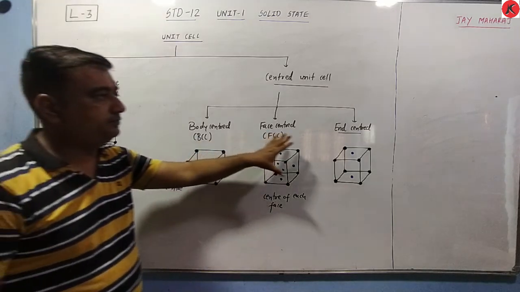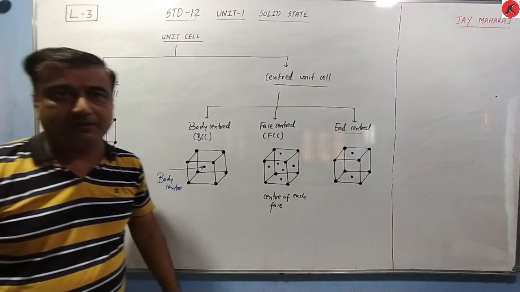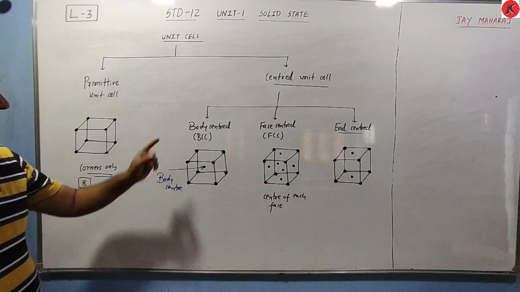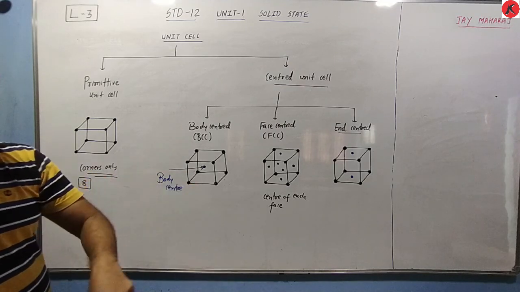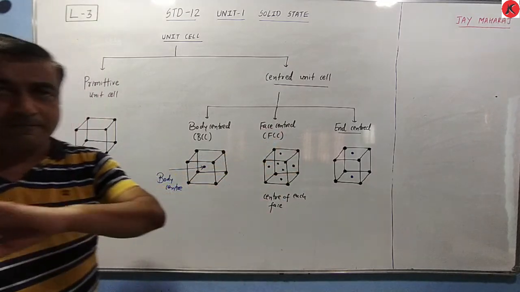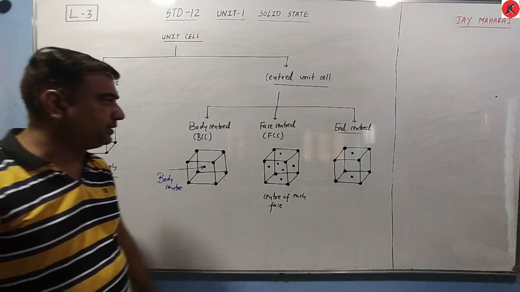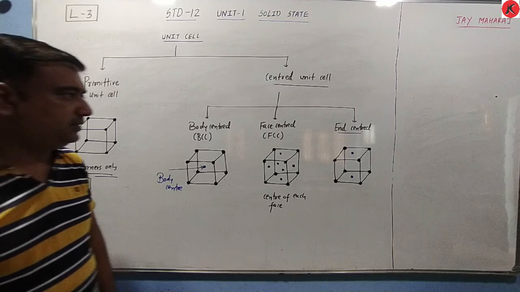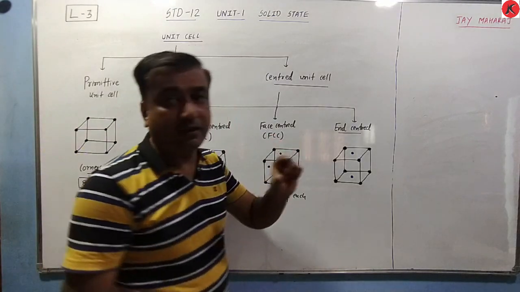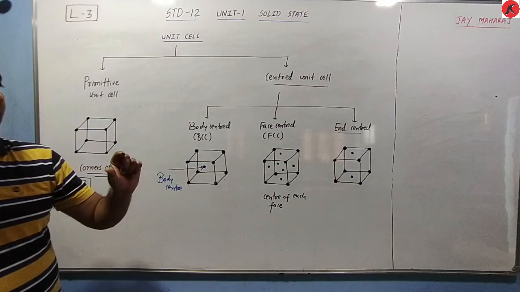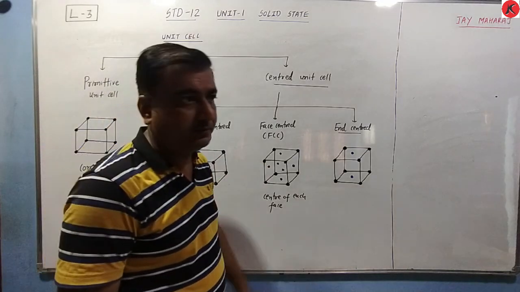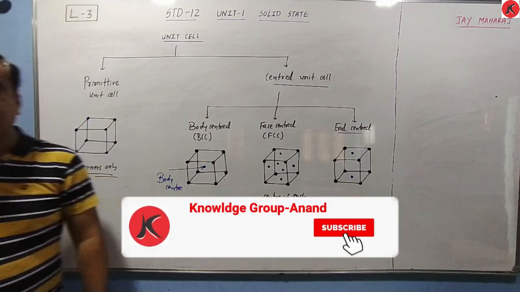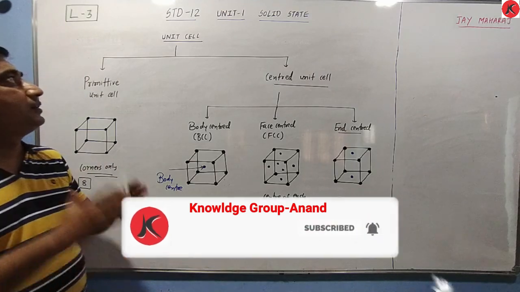In centered unit cells, corners plus additional sites: body centered has 1 particle at the body center, face centered has particles at the center of each face, and end centered has particles at the center of any two opposite faces. Okay, clear? So this will be clear, types of unit cells.